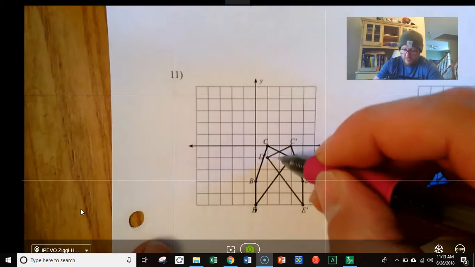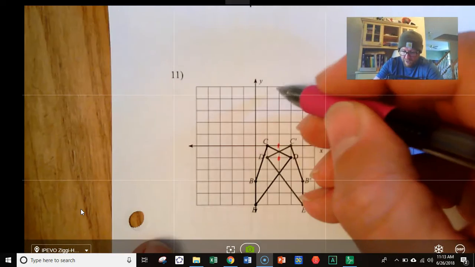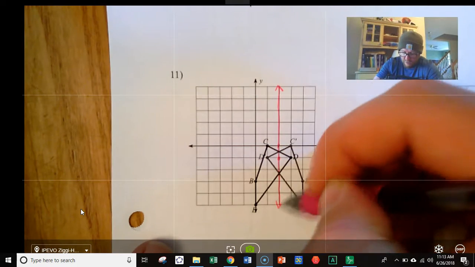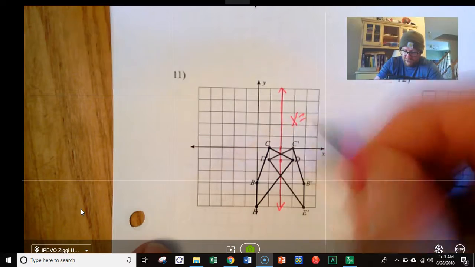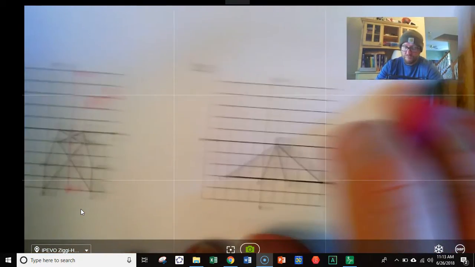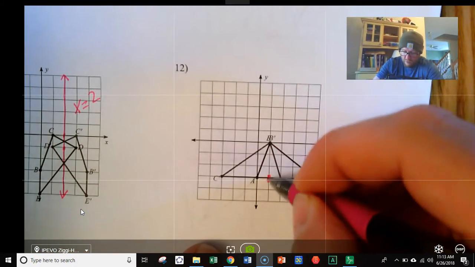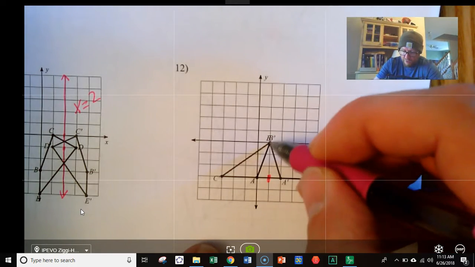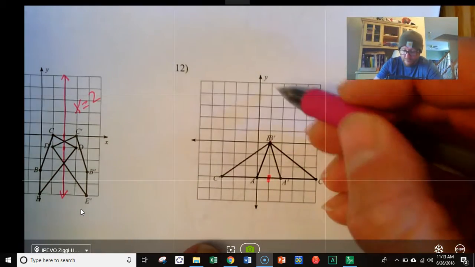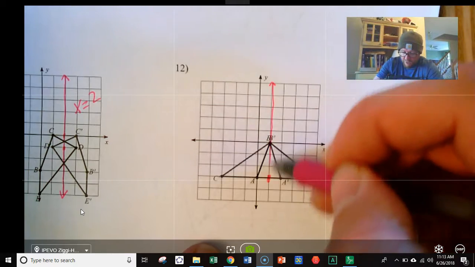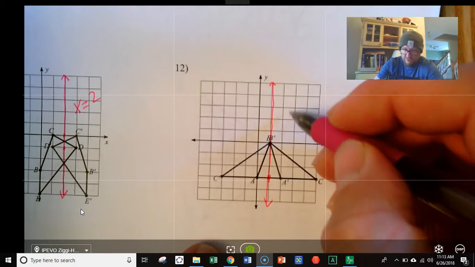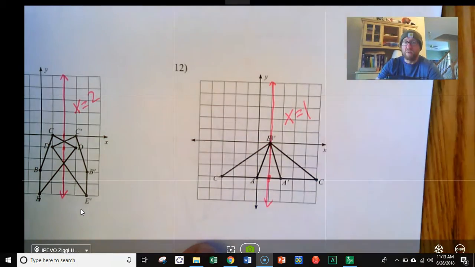Down here, we've got halfway, connect them, crosses through the x-axis at the point where x equals 2. And here, halfway, and up here, halfway, because they're right on top of each other, connect them with a line, and it crosses through the x-axis at the point where x equals 1.